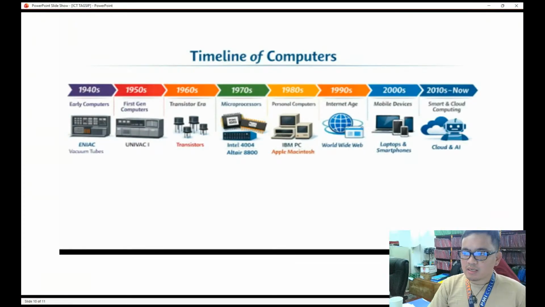So I would like to show here the timeline of the computers: the 1940s, 50s, 60s, 70s, 80s, 90s, 2000, and 2010 up to the present. The ENIAC, UNIVAC, the transistor, Intel Altair, the IBM PC and Apple Macintosh, then laptops to smartphones, then smart devices and cloud computing.